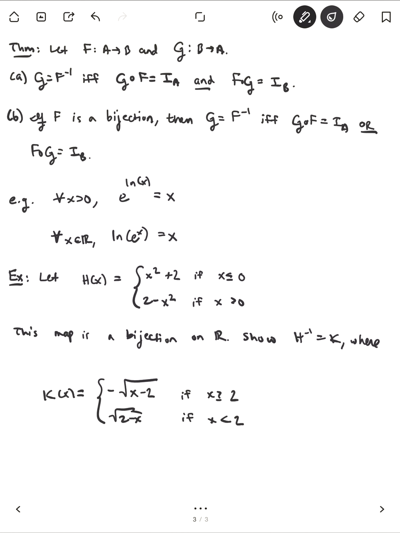Okay, so one key point here is that h is a bijection, and so we only need to check one way or the other. Okay, so we're going to do it in the following way. There are two cases. One, x is less than or equal to 0, and two, x is positive.